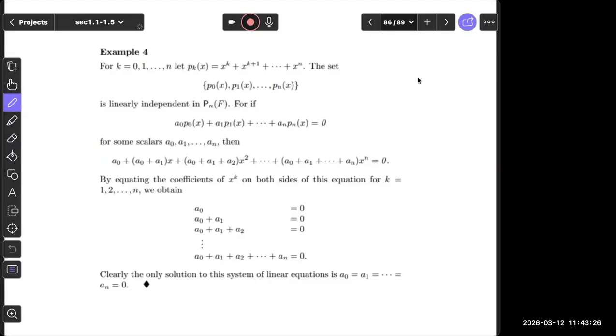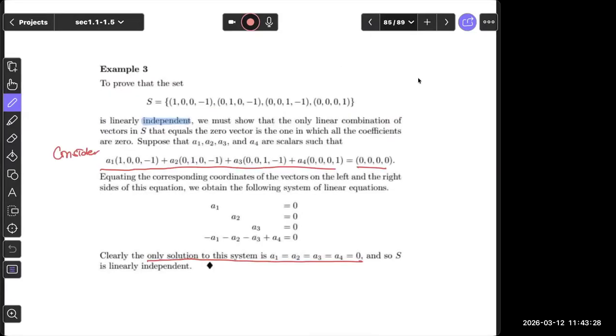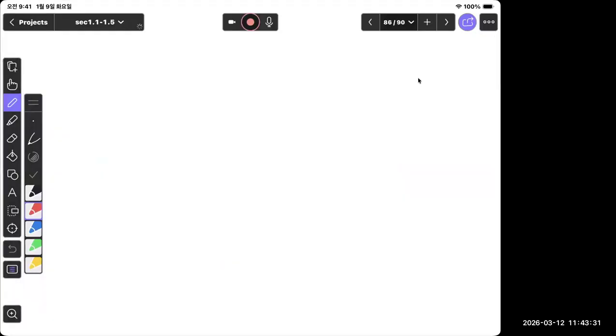Okay, instead of example 4, since I don't have much time today, please consider the following example. Given an m by n matrix A, I consider the pivot columns and non-pivot columns, right?